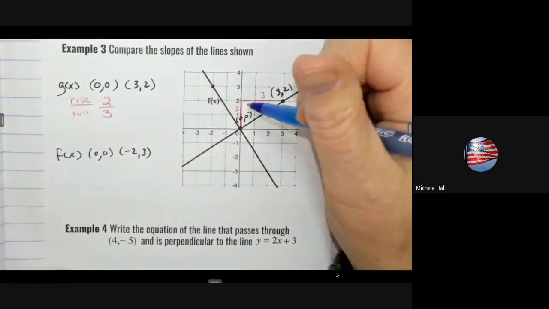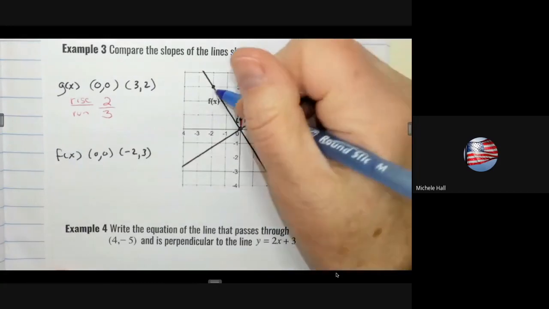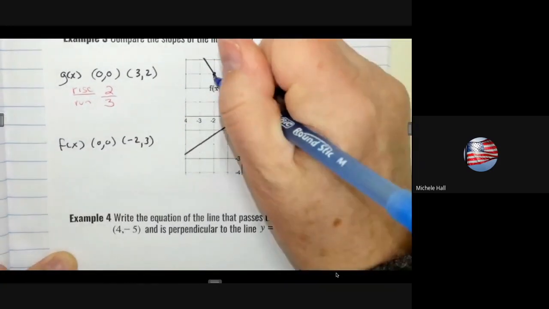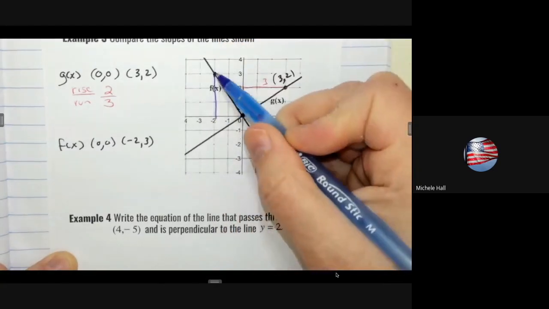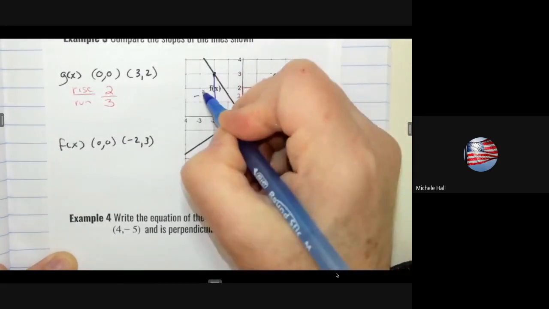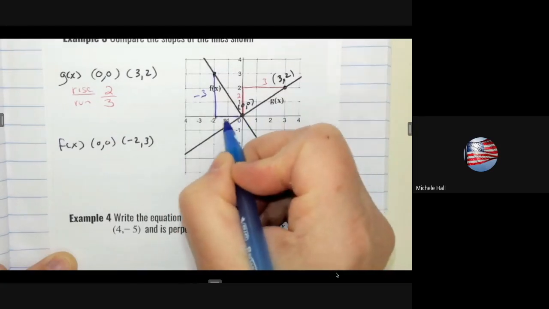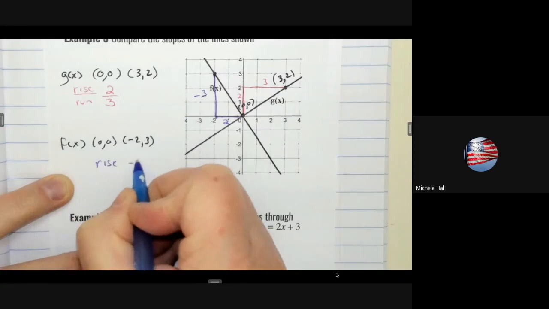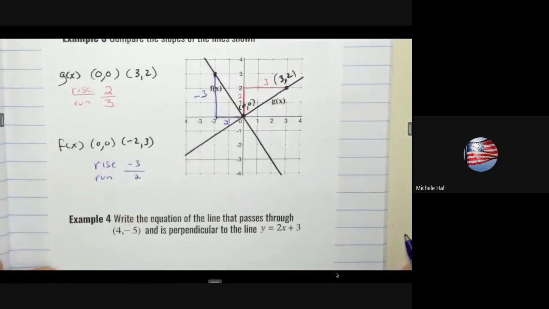Let's look between these two points for f(x). I'm going to come over here, so I'm not on my triangle, and I'm going to go down and then over. So we're going down 1, 2, 3, rise -3, and run in the positive direction 2. So rise -3 and run +2.